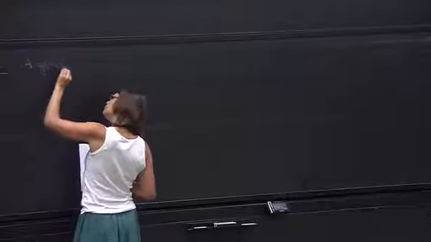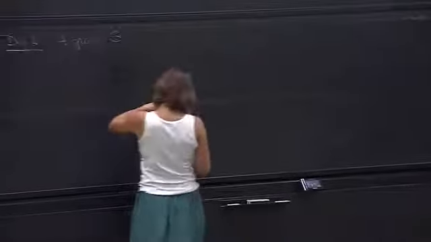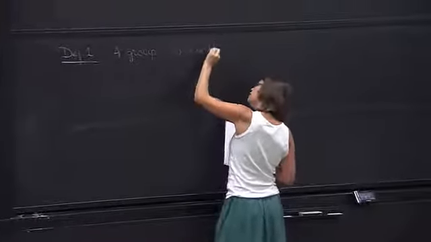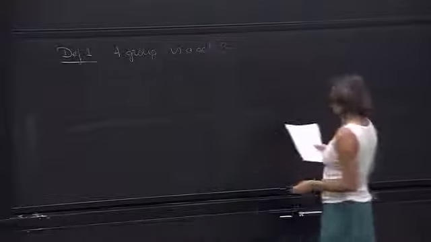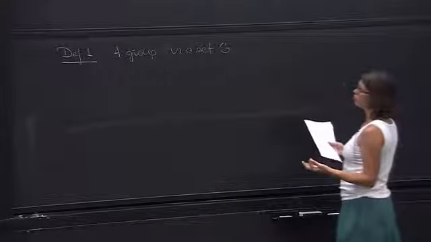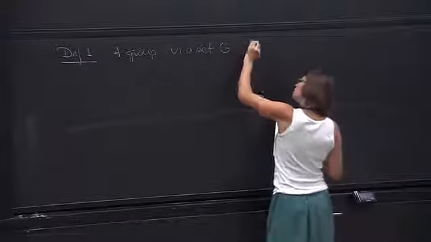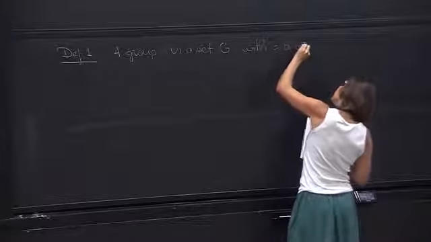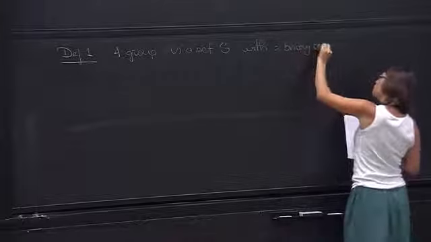So first definition. A group G is a set, as we have seen. Here we consider two different sets, but you need to define an operation that we call a binary operation.